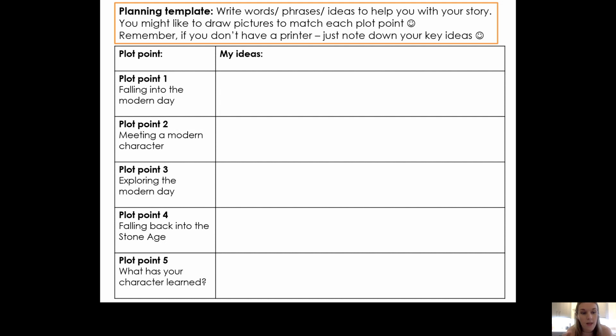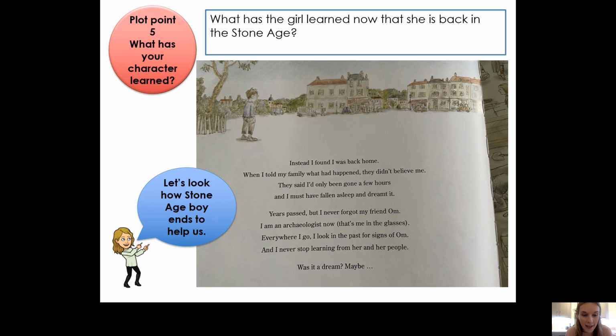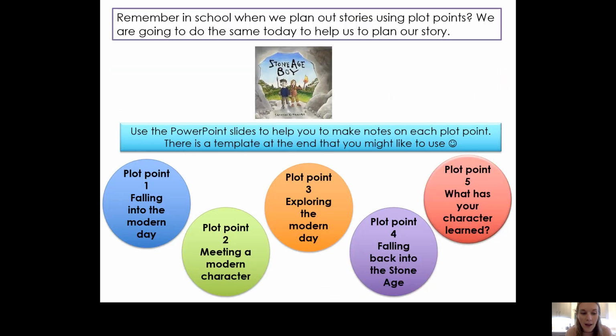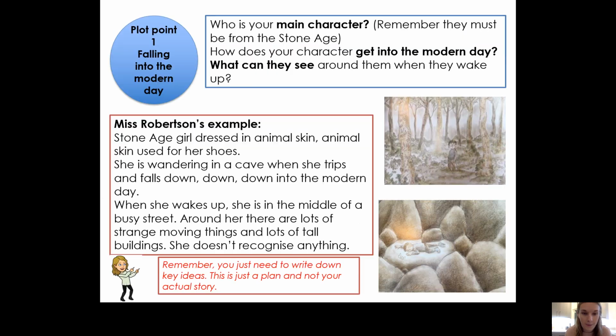If you can't, don't worry, you could just make some notes for each plot point and that will be brilliant, okay? Now, remember when we are planning, what do we need to do? That's right, when we're planning, we don't write out our story in full, we're just doing little notes about each plot point, okay? And then tomorrow and Friday, I will show you how to turn those into sentences.